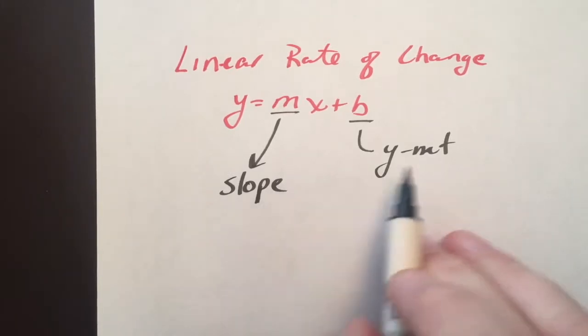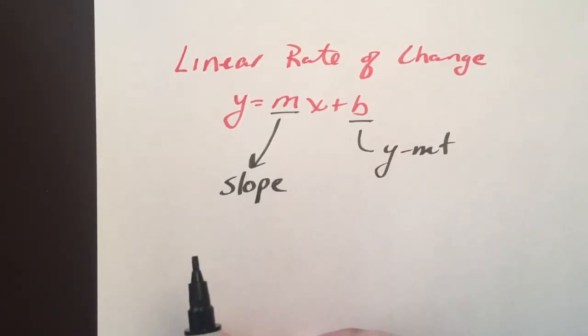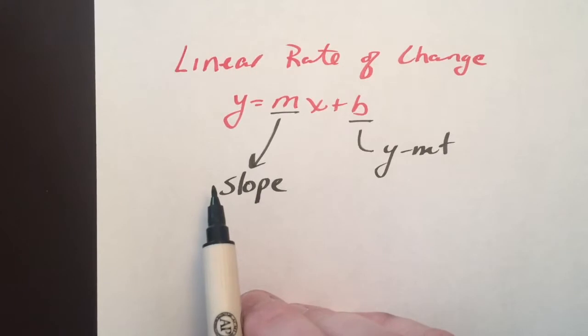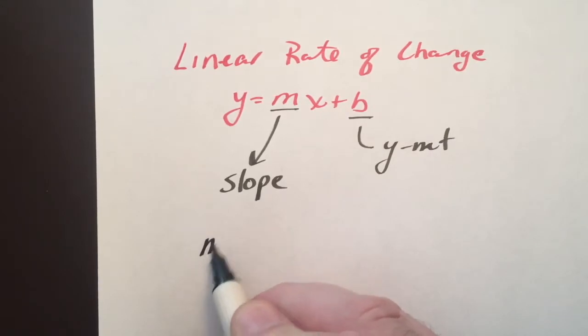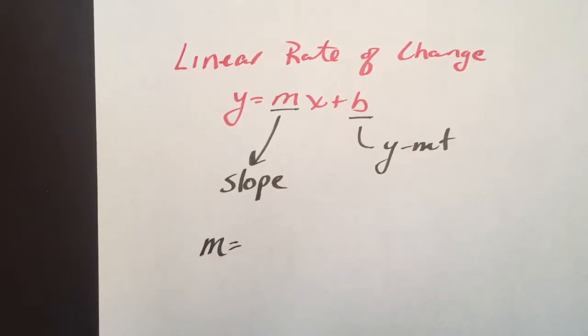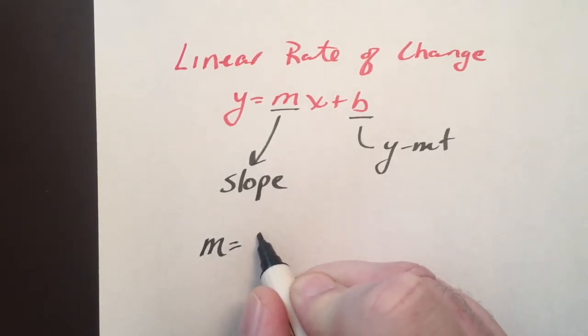Out of those two, between the slope and the y-intercept, which of those is a rate of change? The other way to think about that is which of those is a rate, and of course, we're going to come up with an answer of slope. Remember, slope was a comparison of two numbers.